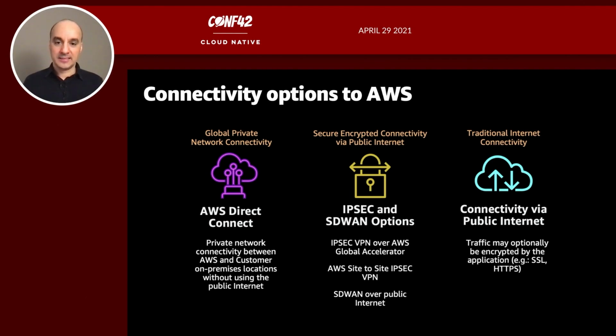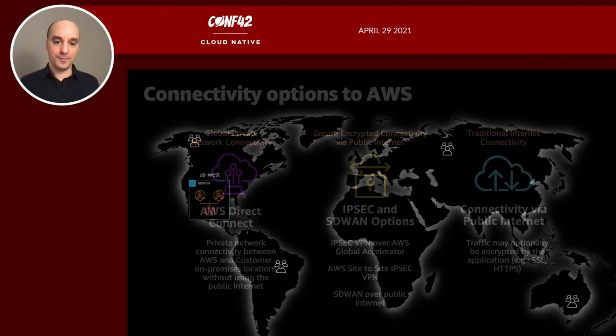Direct Connect is a cloud service solution that establishes a private connectivity between AWS and your data center or your office or your colocation environment with speeds up to 100 gigs per second. Alternatively, you may use AWS Site-to-Site VPN and AWS Client VPN to establish that secure connection over the public internet.